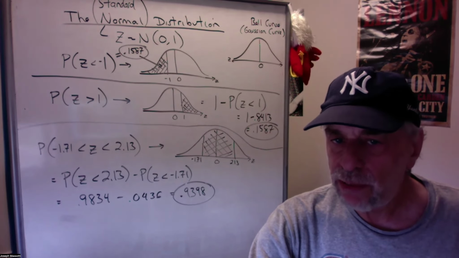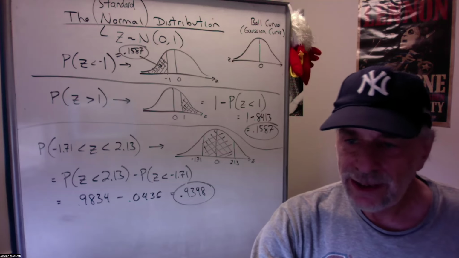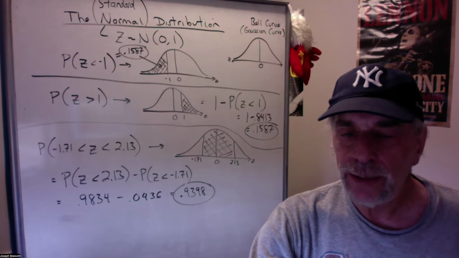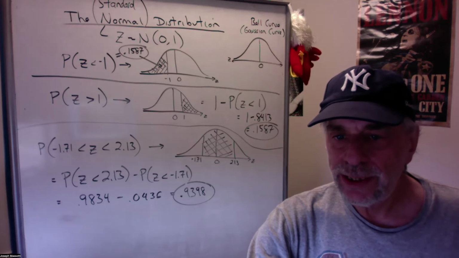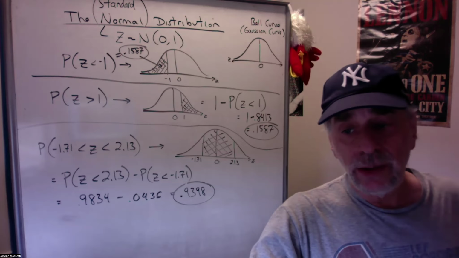There's the same amount of probability greater than 0, 50%, as there is less than 0, 0.5 or 50%. So notice these numbers are the same.